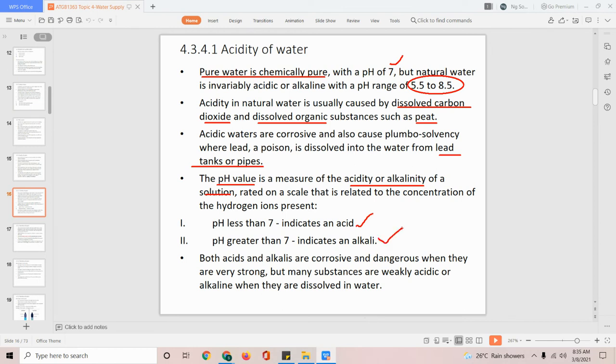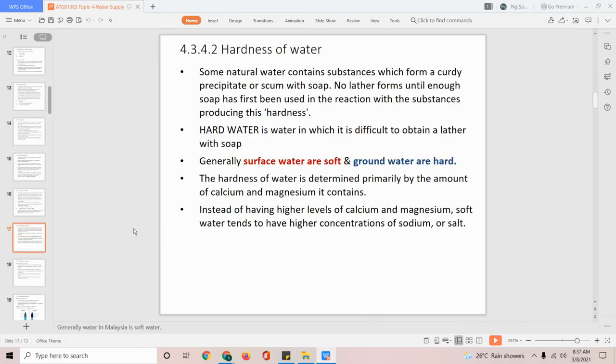Meaning if it is too high in acidity or too high in alkalinity, it's actually dangerous for us to drink. But usually in a range of this, it will be alright for our body. But if it goes beyond that, then it will be dangerous for our health. So this is the idea in determining why we want to measure whether it's acid or alkaline.